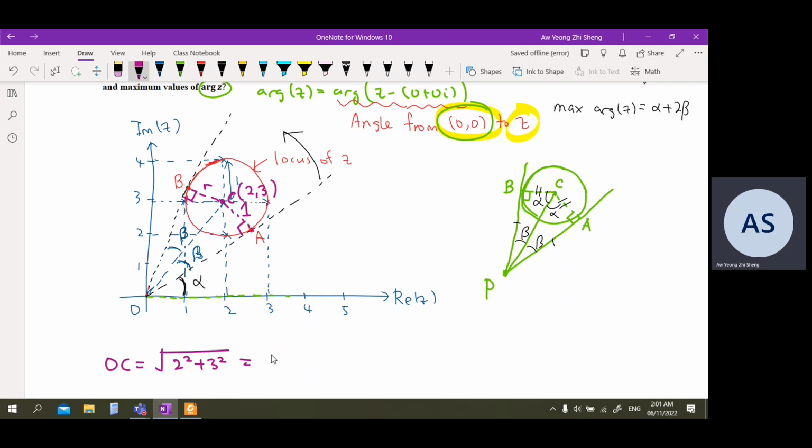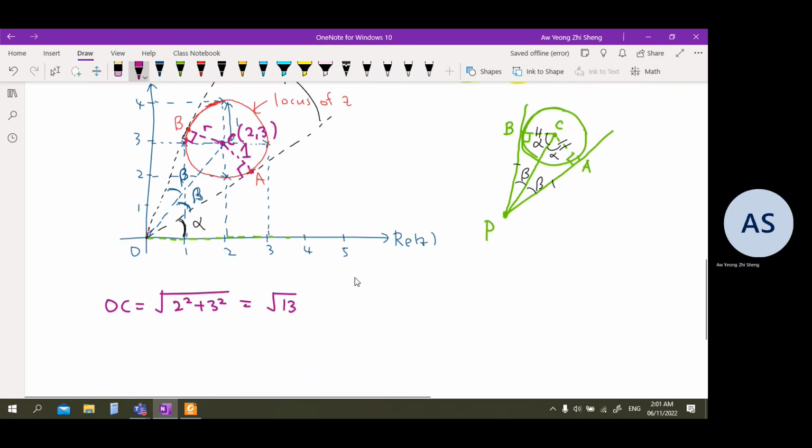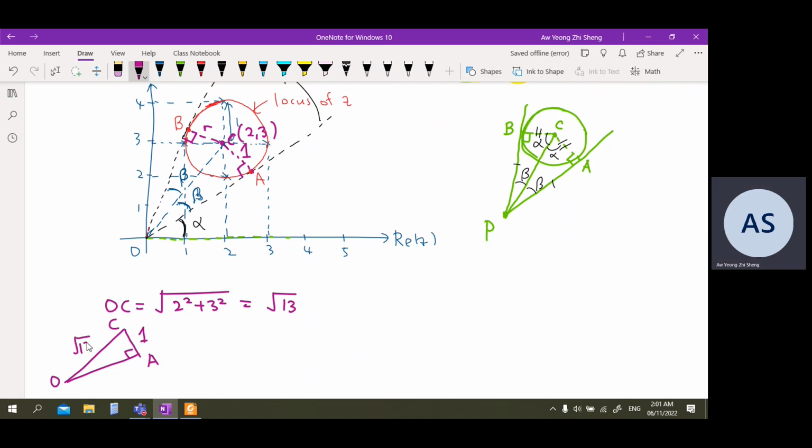This gives you root 13. Then looking at triangle OCA, where your CA is 1 unit and OC is root 13, and here you have your beta.